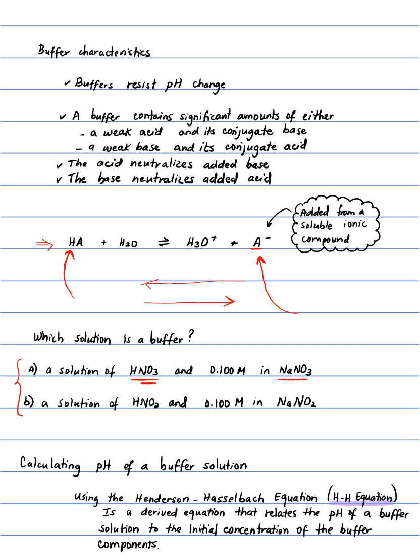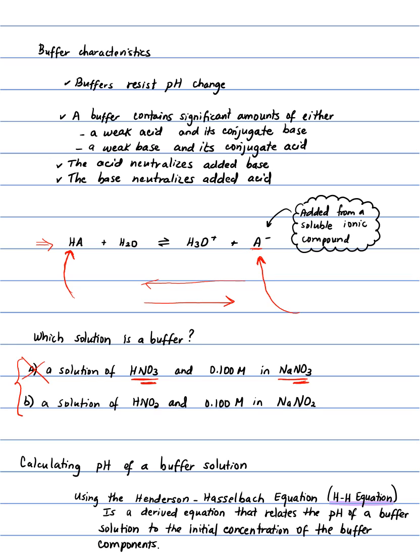You have the nitrate ion and you have the nitrate ion. That is true. You have the same negative part in your weak acid and in the compound that you're mixing with it. But the other part is that you need to have a weak electrolyte, and nitric acid is a strong acid. So between your nitric acid and sodium nitrate, you cannot create a buffer using those two, because your nitric acid is going to dissociate entirely. You're not going to have an equilibrium.